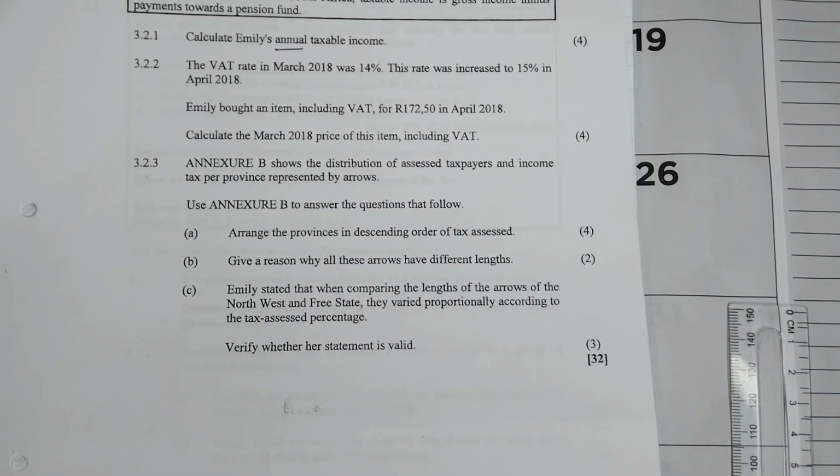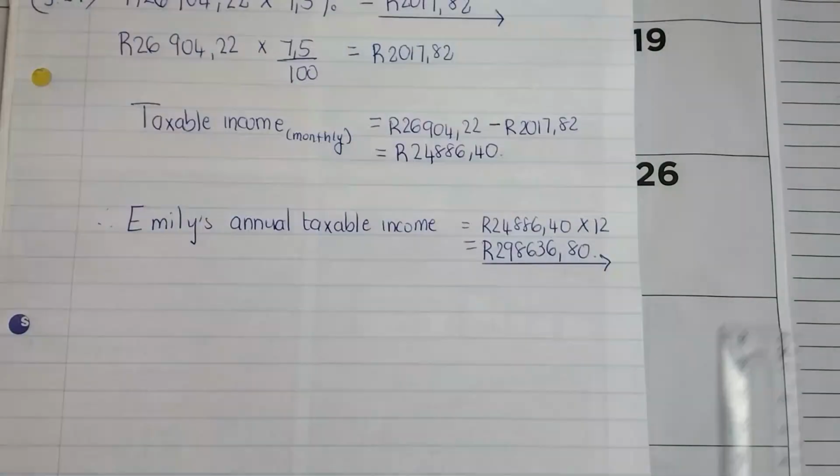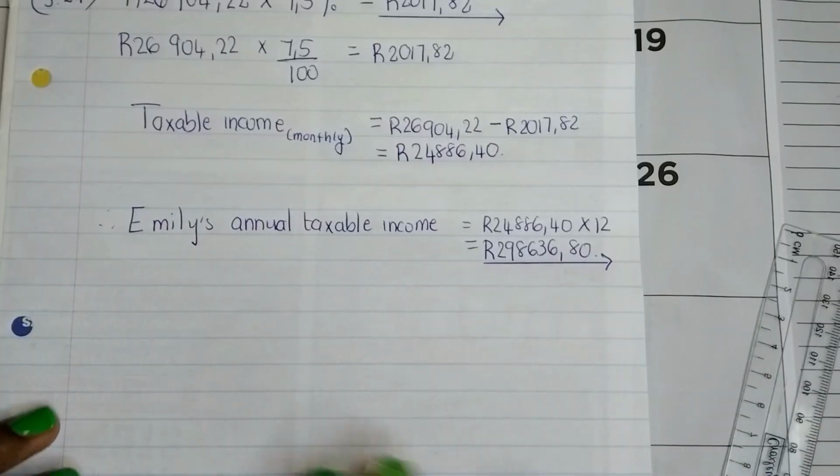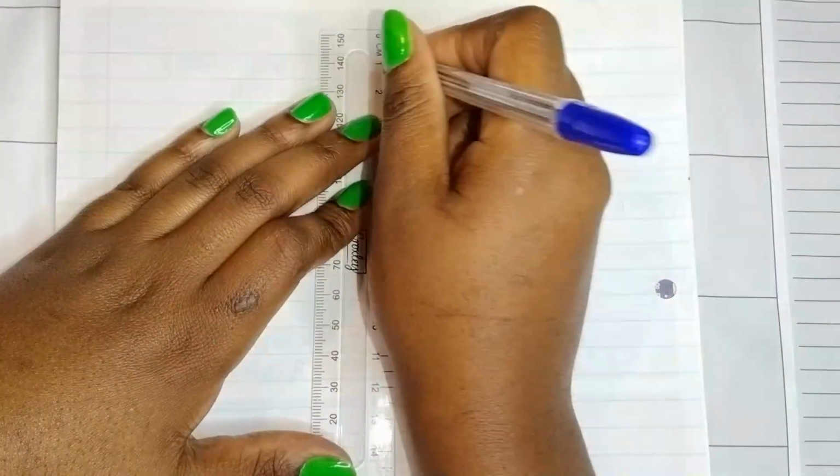Okay, to help make this question a bit simpler for us to see what is going on, we need to divide our page into two, where the first section deals with what was happening in March 2018, and the second section deals with what was happening in April 2018, right?